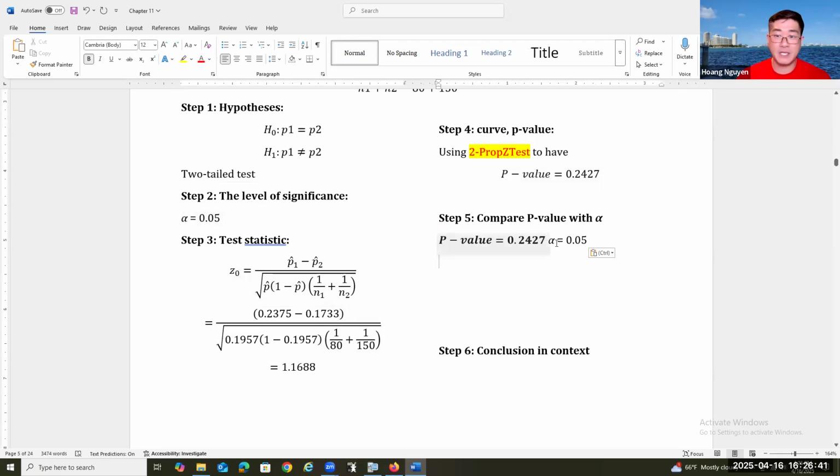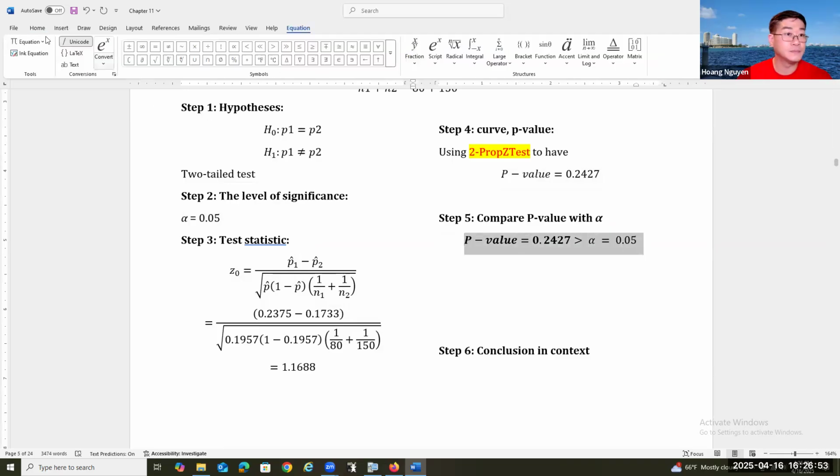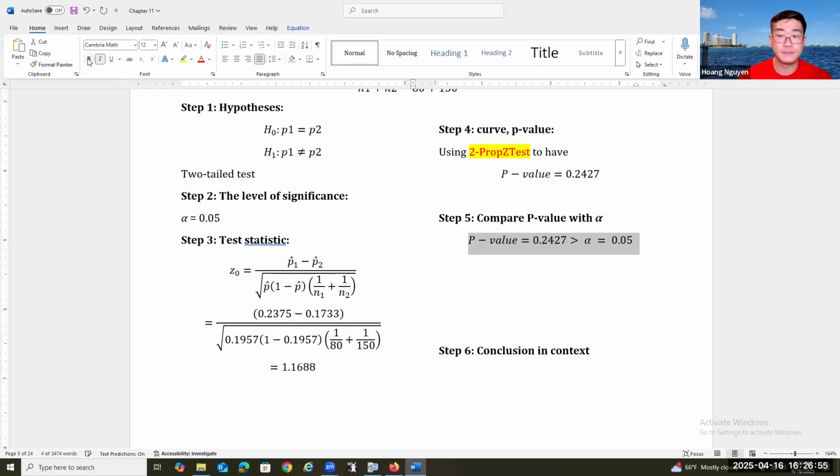So based on this comparison, we know that the p-value is greater than alpha, right? Then what's your decision? Do we reject or fail to reject the null hypothesis? If the p-value is less than alpha, we reject the null hypothesis. If the p-value is more than alpha, we fail to reject the null hypothesis.